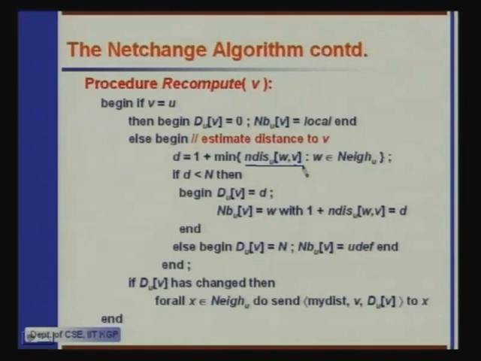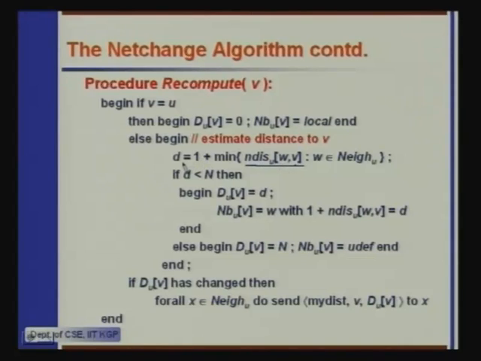This estimates the distance from w to v, where w is a neighbor of u. This is u's estimate of the distance from w to v. So, it is going to find out which among my neighbors, according to my estimates, is the one which has minimum distance to v.